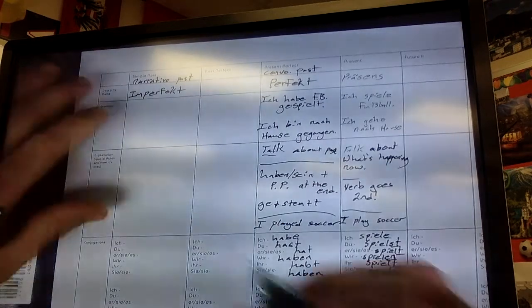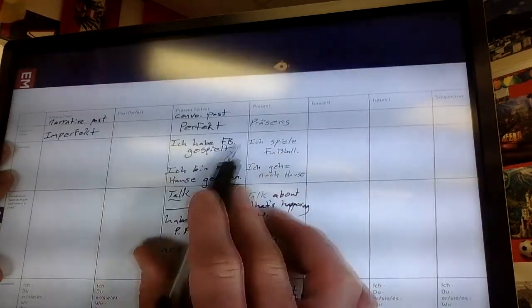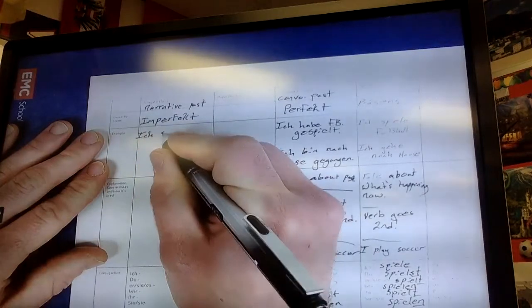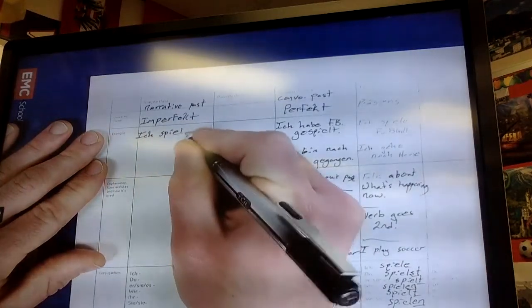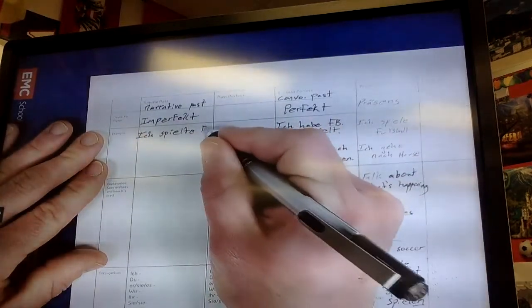So, example for following along, ich spiele Fußball in the present, ich habe Fußball gespielt in the combo past. In the narrative, that would come out as ich spielte. Ich spielte Fußball.